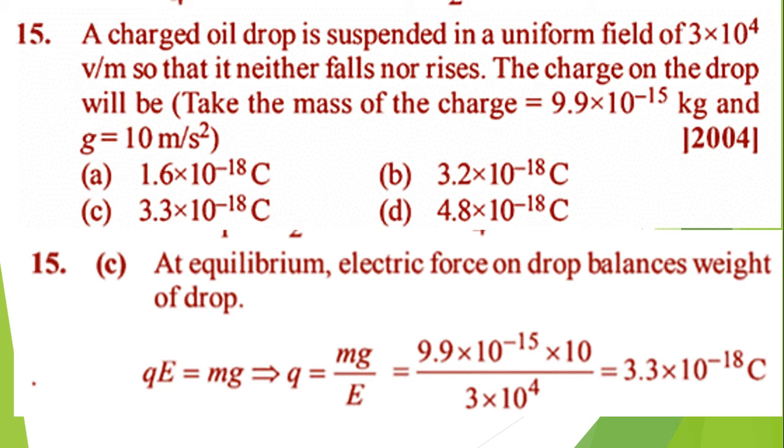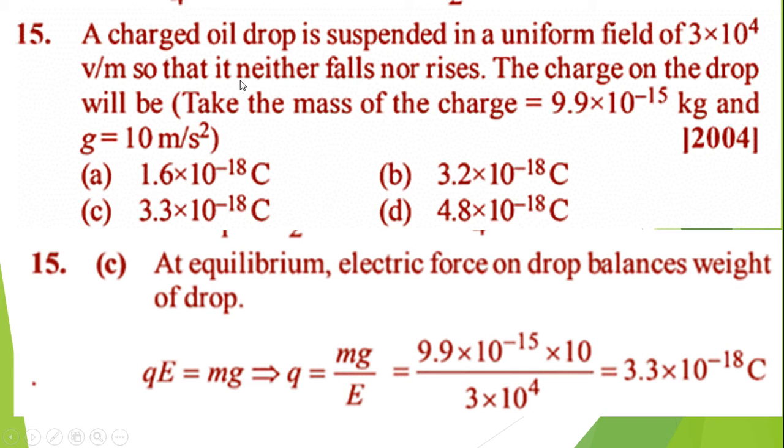These two forces lie along the same line, have the same magnitude and opposite directions. So the resultant force acting on the oil drop is 0. That is, the electrostatic force QE, because due to this electric field the force acting on the oil drop is in the upward direction, QE is equal to the weight of the oil drop mg.